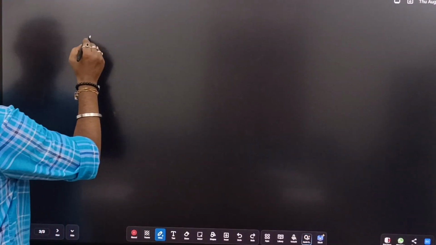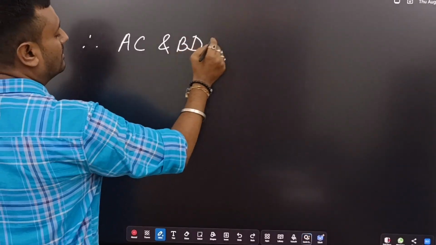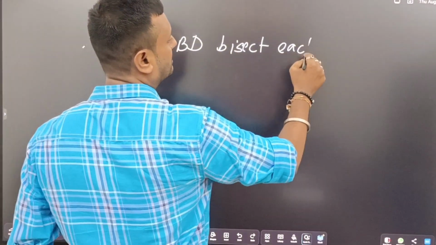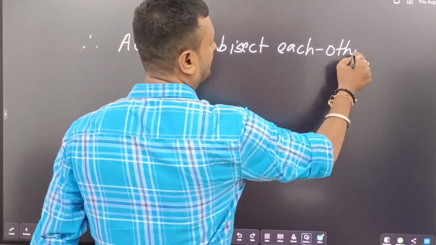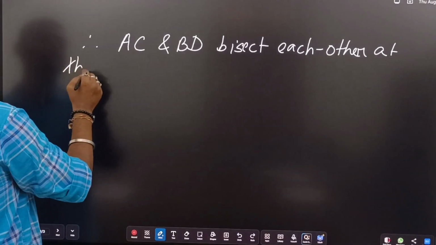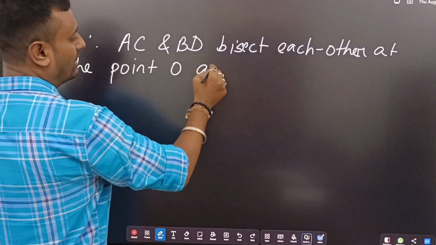Therefore we can say AC and BD bisect each other at the point O at right angles.